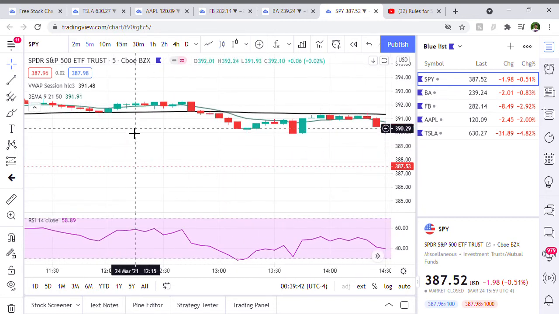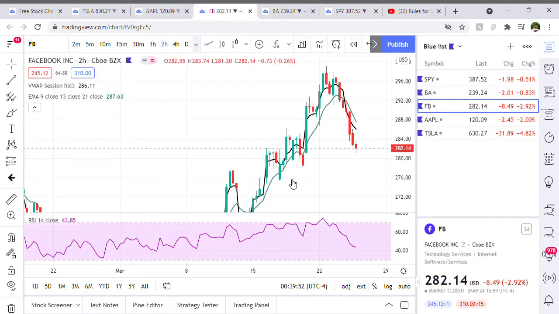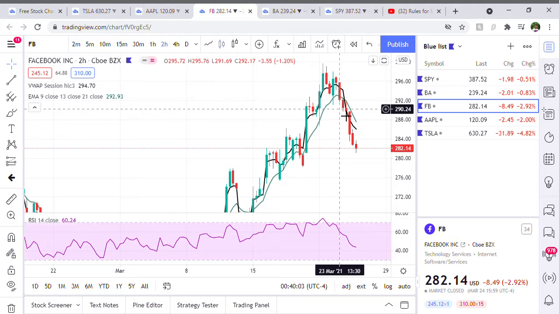In the morning I did not have a trade because I was looking for a bearish trade based on the 2-hour candle. Now let us check the same thing with Facebook. These are my 2-hour candles. This is the last candle of 23rd March, which started at 1:30 p.m., and this one.